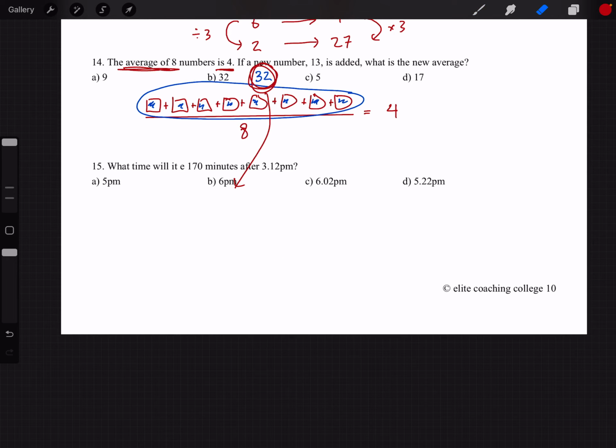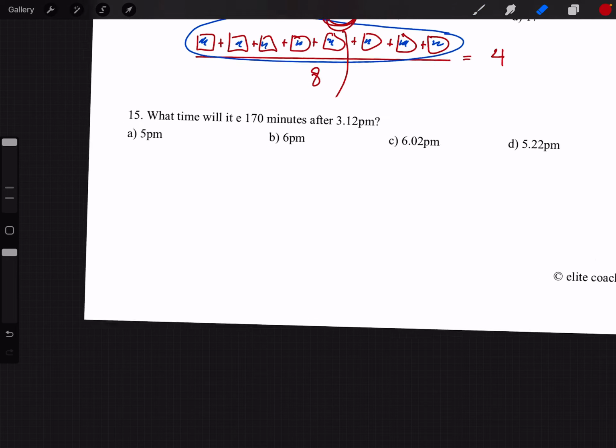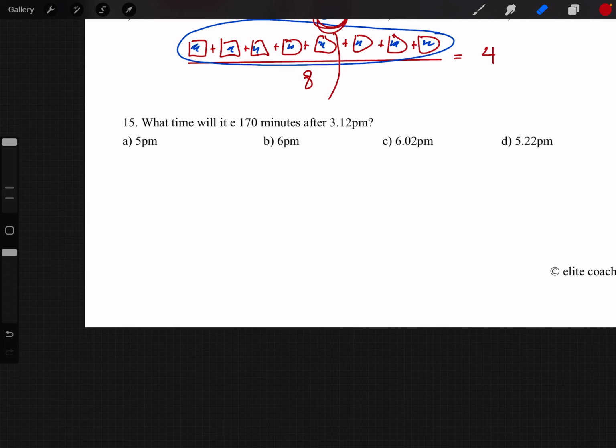Alright, next one. It says, what time will it be 170 minutes after 3:12? So 170 minutes. Let's chop it up into blocks of 60 because we know that 1 hour equals 60 minutes.